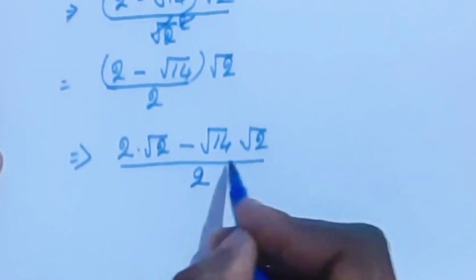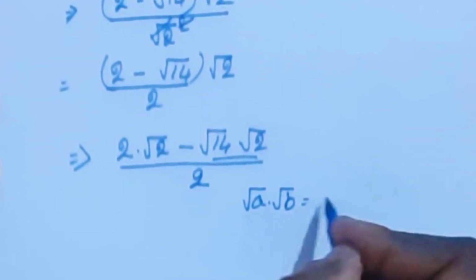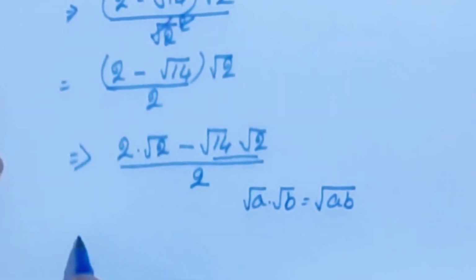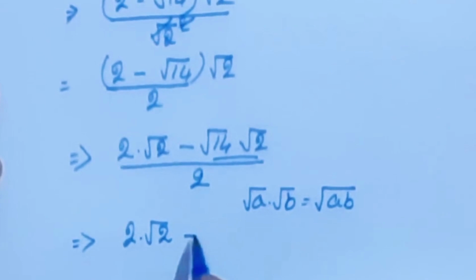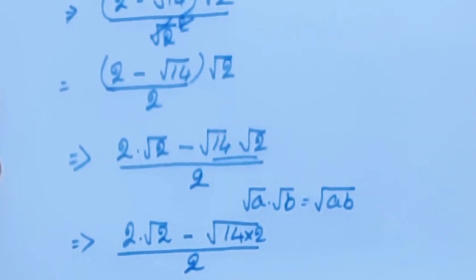Here this can be written as square root of A times square root of B equals square root of AB. This we are going to apply here. So 2 times square root of 2 minus square root of 14 times 2, divided by 2.